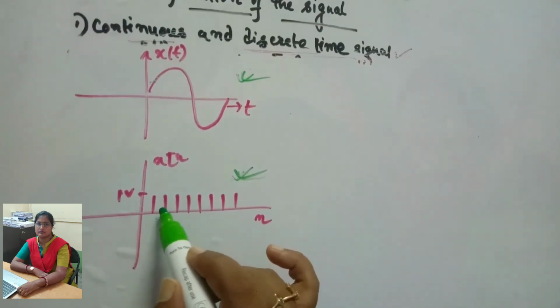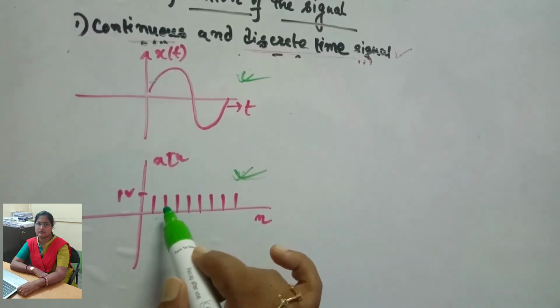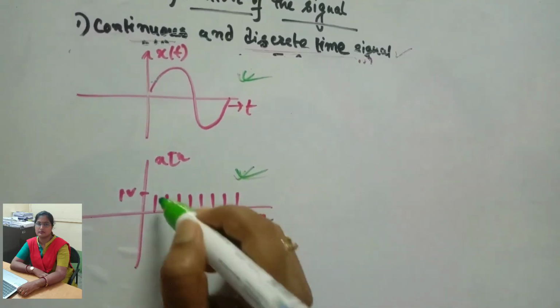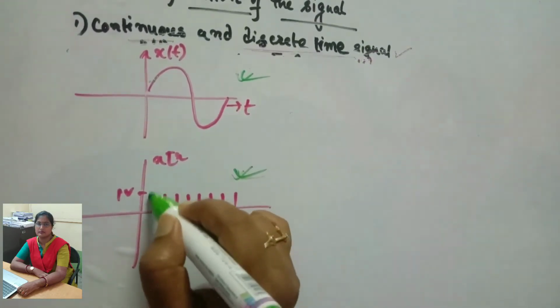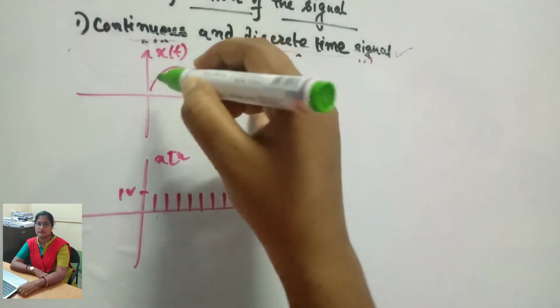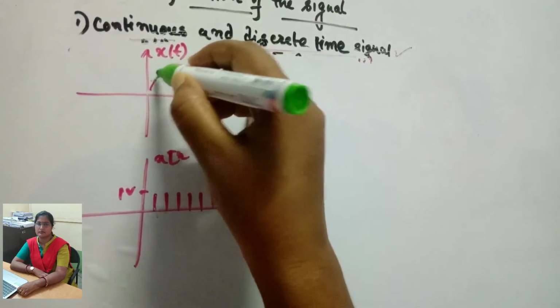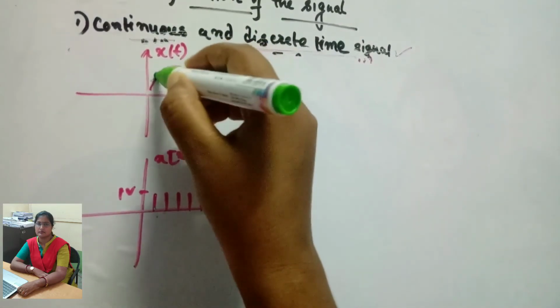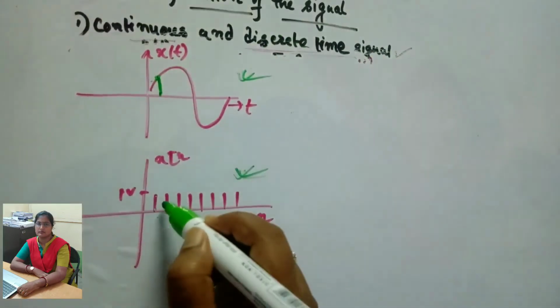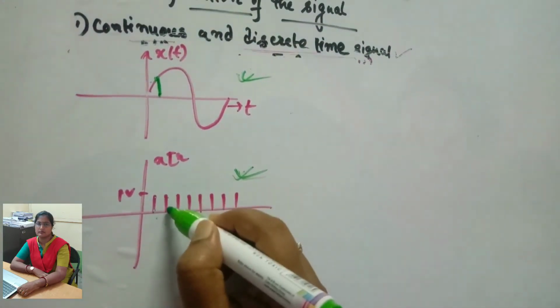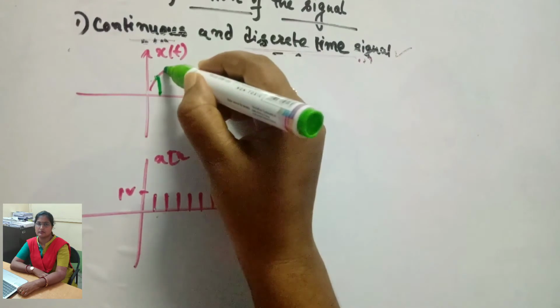Hence, for those sections we cannot get the value of x(t).